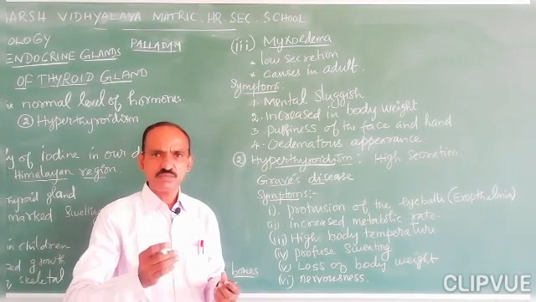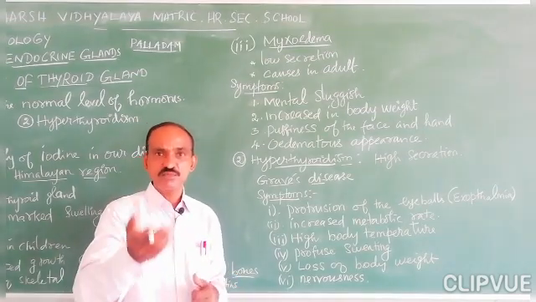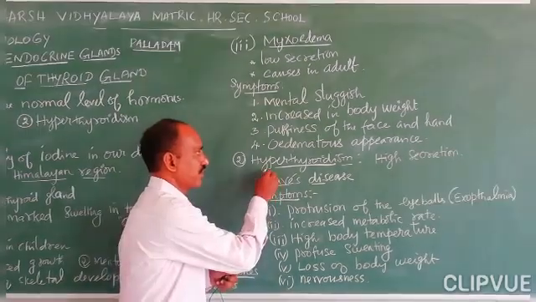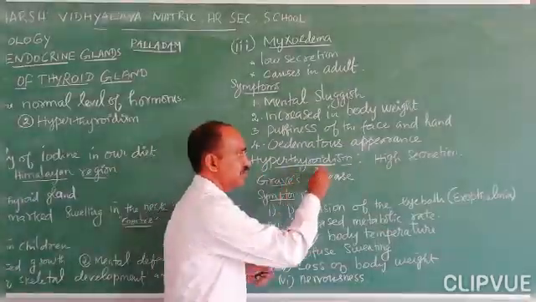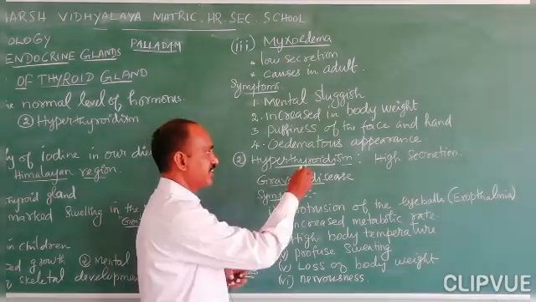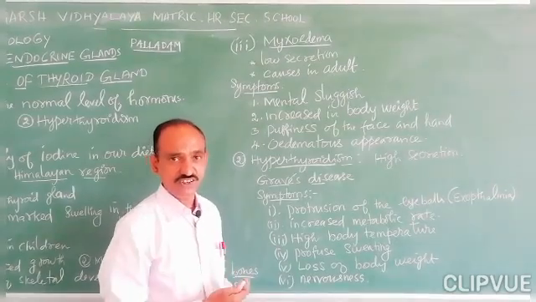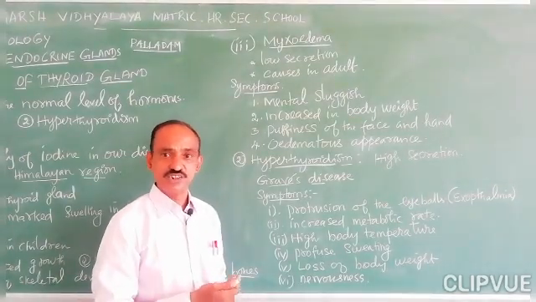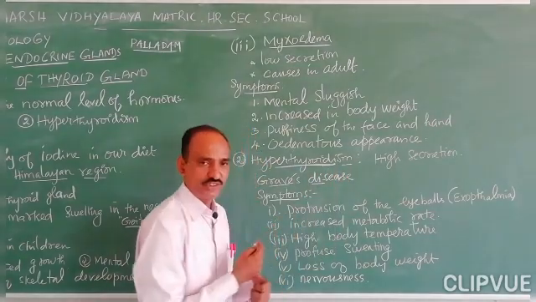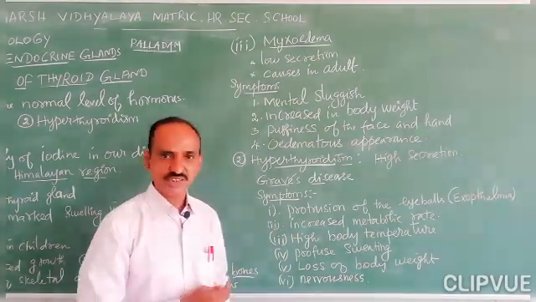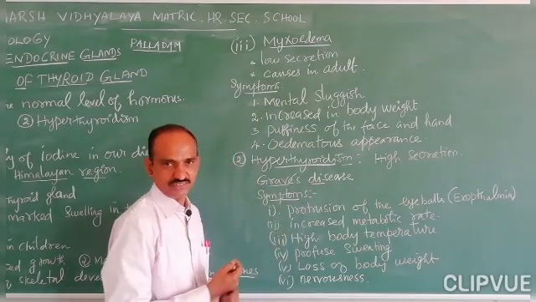The thyroid gland secretes excess thyroxine hormones, that is T3 and T4 hormones. This high secretion of hormone causes a disease called Graves disease.